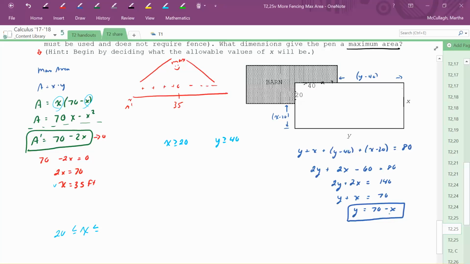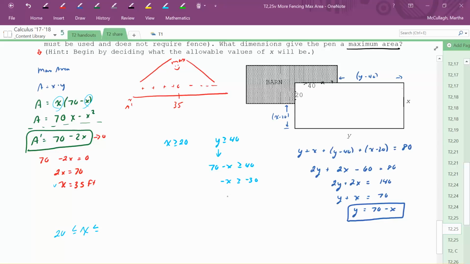We have this substitution equation. If y needs to be greater than or equal to 40, and y is 70 minus x, let's substitute again: 70 minus x is greater than or equal to 40. Subtract the 70, and we've got negative x is greater than or equal to negative 30.